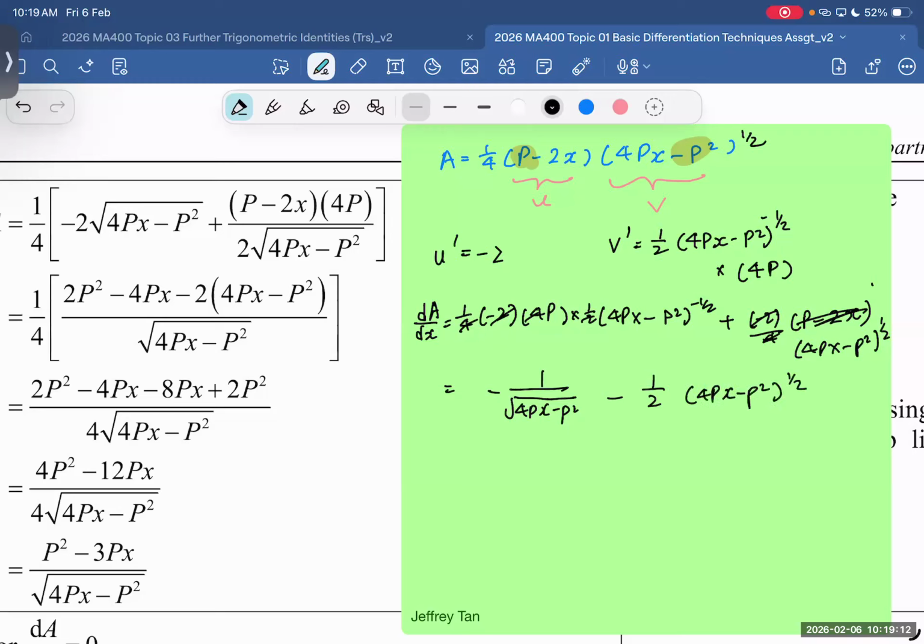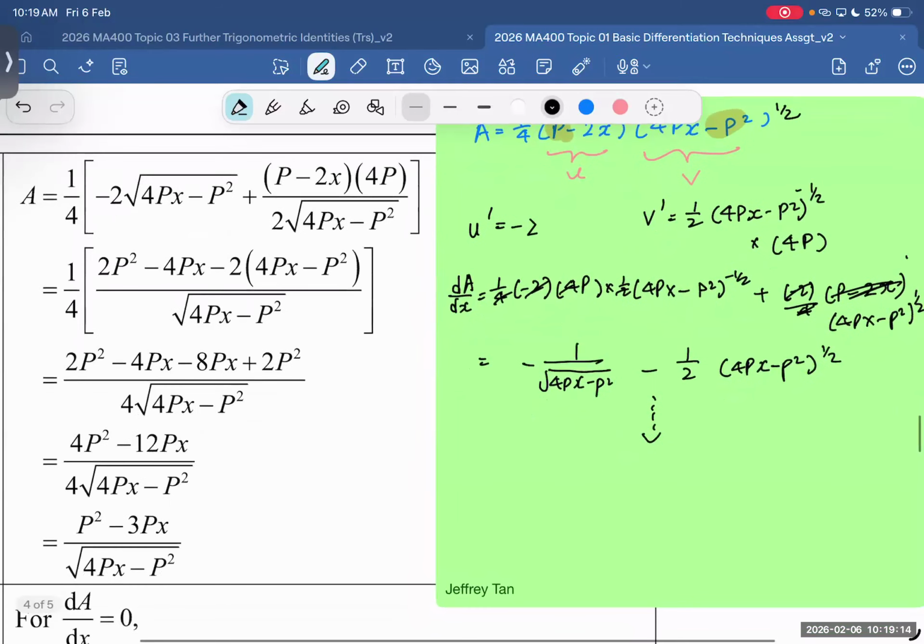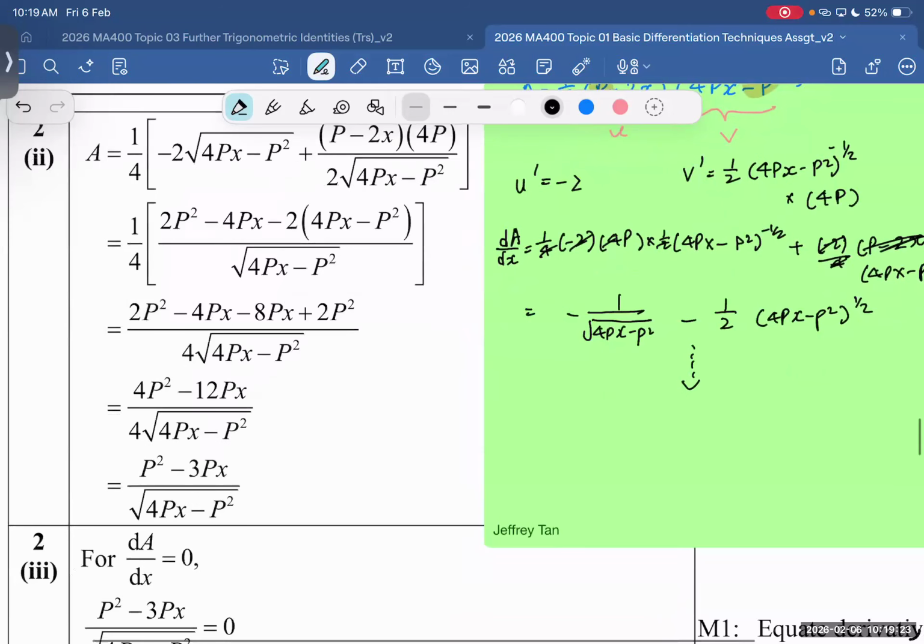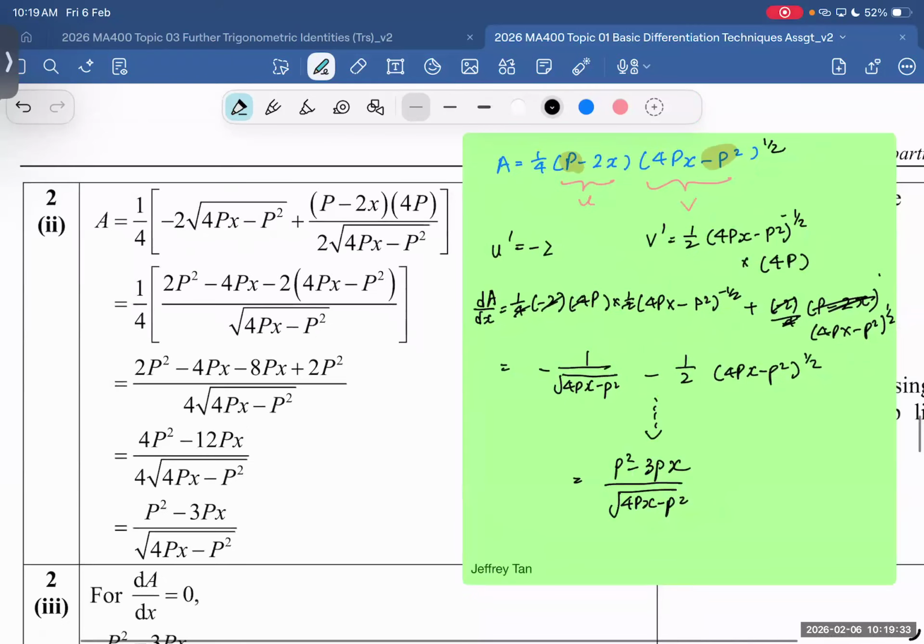Then you work it. Do the square root to get 1. Eventually you will get minus 3px over the square root of 4px minus p squared. So this is part 2.